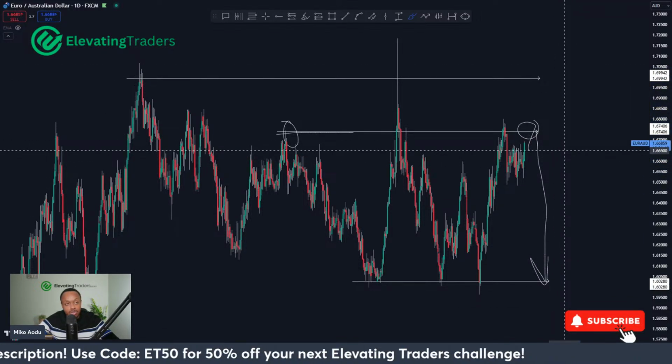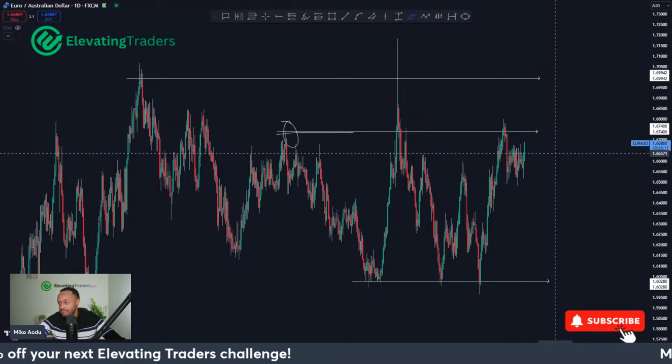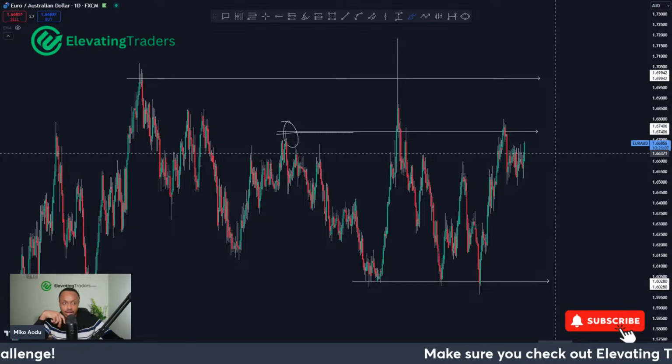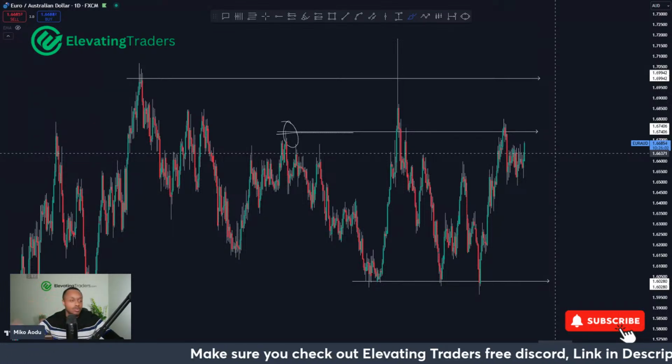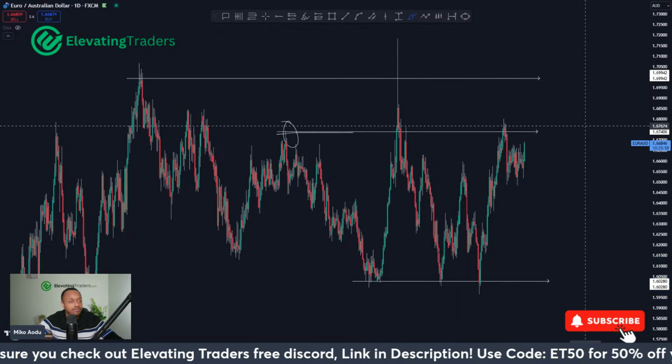Because when you do have a market which is as flat as this, as choppy as this, you do want to make sure your entries are as high as possible, as low as possible. If you're looking for buying opportunities, you want to be as close to the low of the range or support level as possible, or the channel.